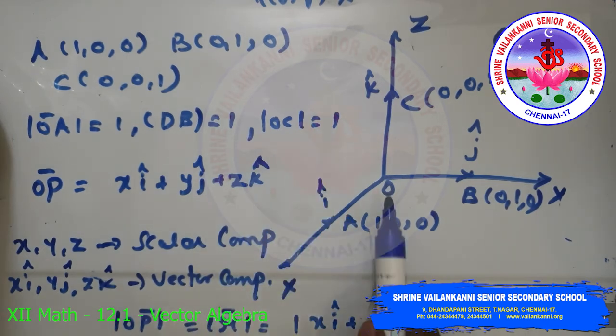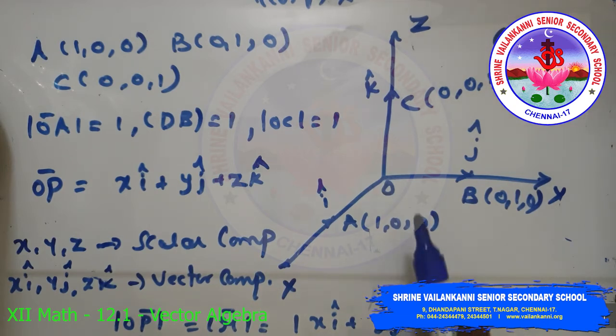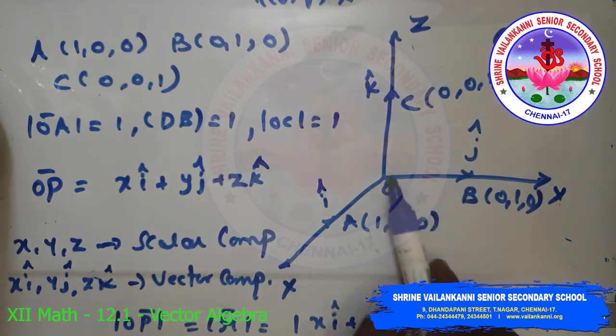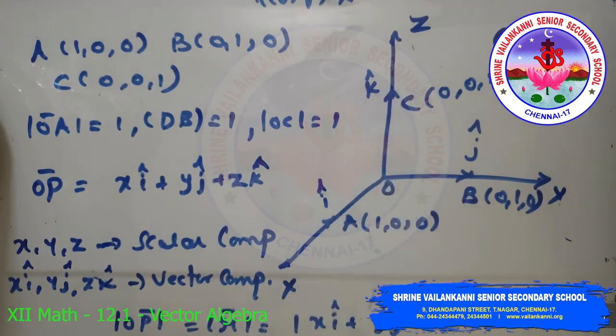The vectors OA, OB and OC, each having magnitude 1, are called unit vectors along the axes OX, OY and OZ respectively. Consider the position vector OP of the point P (x, y, z), where i, j and k are the unit vectors along the x, y and z axes respectively.